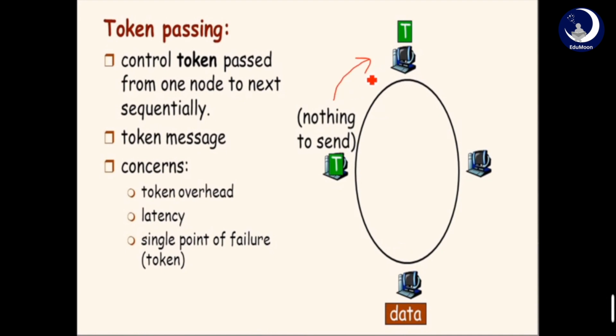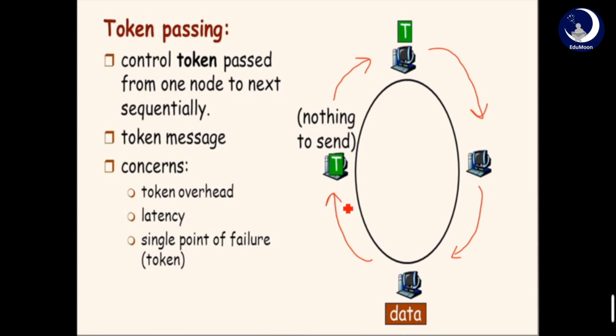If the station has a frame queue for transmission, when it receives the token, it can send that frame, and after the transmission, it passes the token to another station. In this way, in a circular manner, the protocol continues.